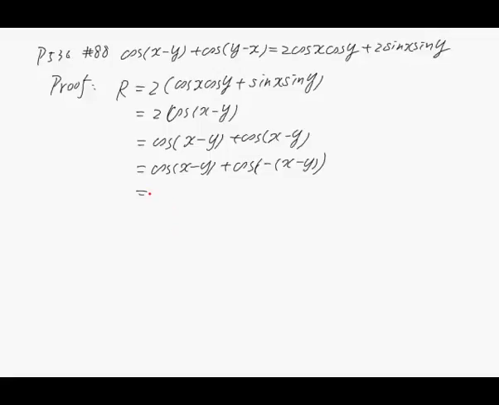And then you get cosine of the x minus y plus cosine of the y minus x, and then this is equal to the left hand side, right? And then in this way, you prove this equation is an identity. So this is the first way.